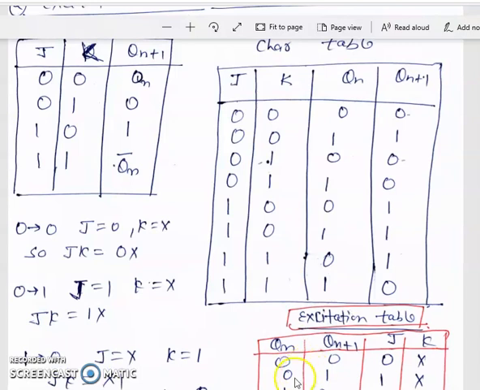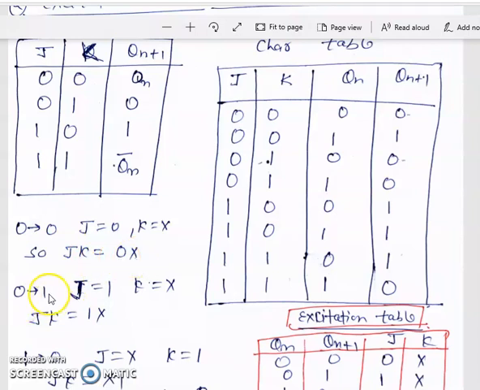The present state combination transition is 0 to 0. For 0 to 0, we find 1 combination present and 2 combinations present. So see here, J is 0 for both conditions, but K is 0 and 1. So we can say J is fixed, that is 0, and K is don't care, that is X. So write here for the 0 to 0 transition, J is 0 and K is don't care.